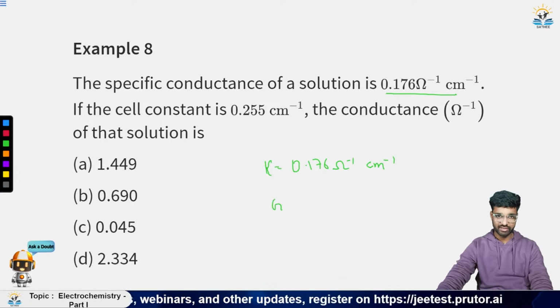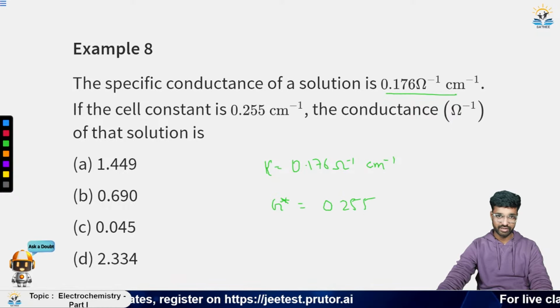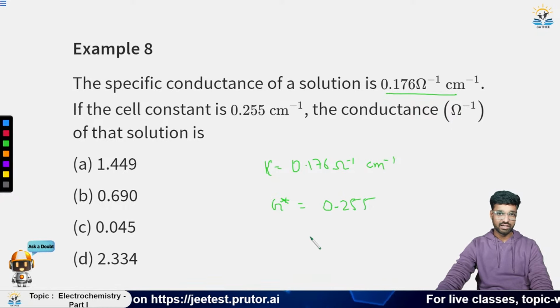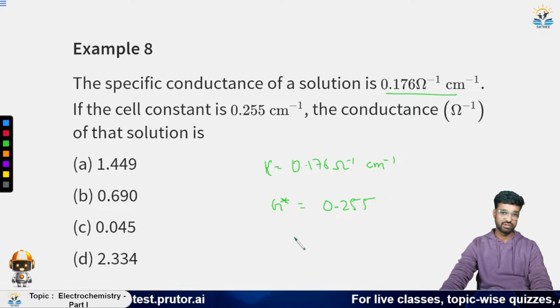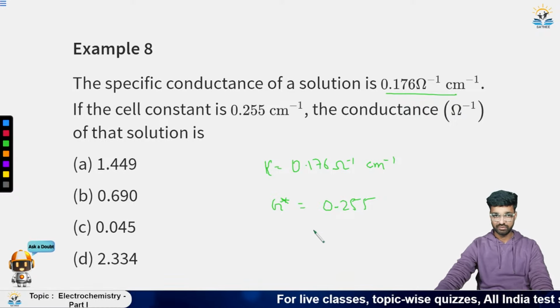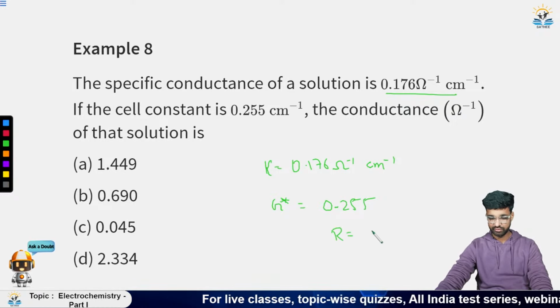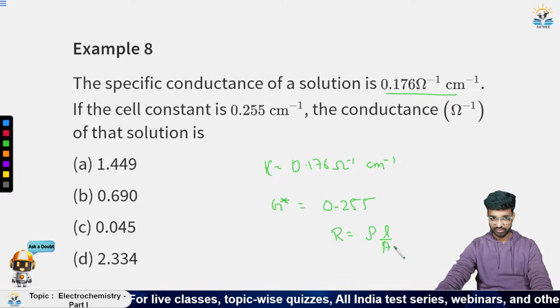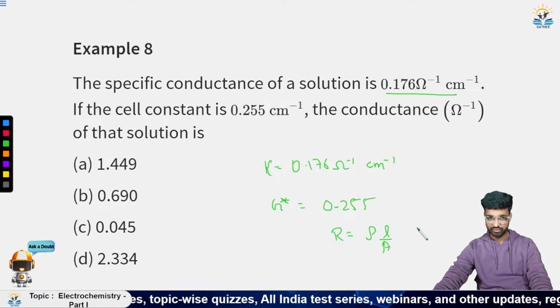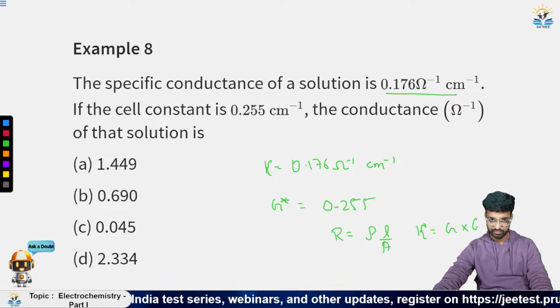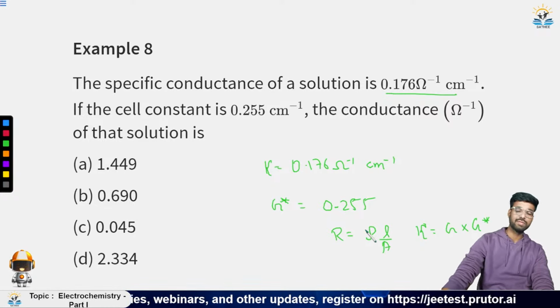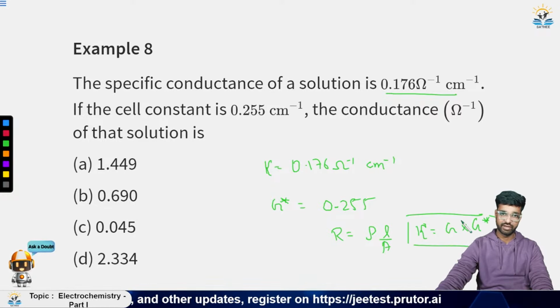Cell constant is given, that is G star, 0.255. You have to find the conductance, so it is very easy. You have to know the formula very well. R is equal to rho L by A, or you can write 1 by rho, that is kappa, is equal to G into G star. So use this formula, you will get your answer.